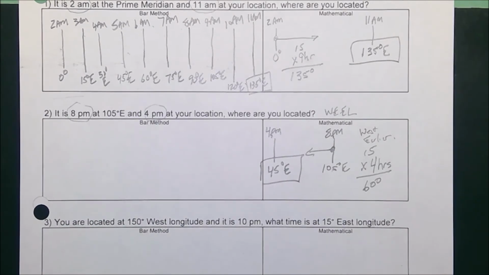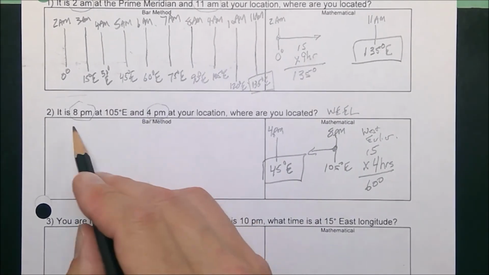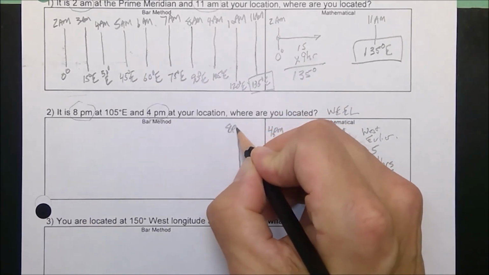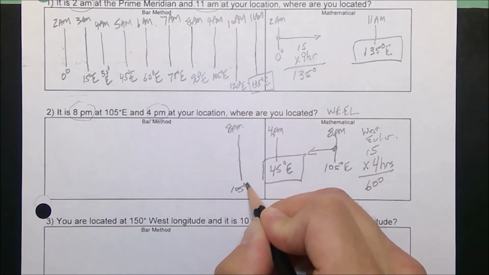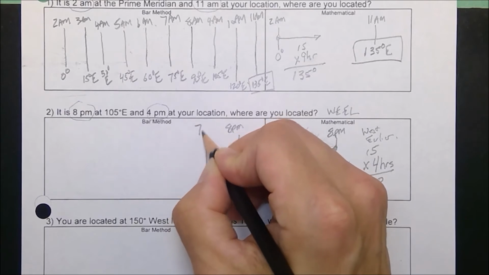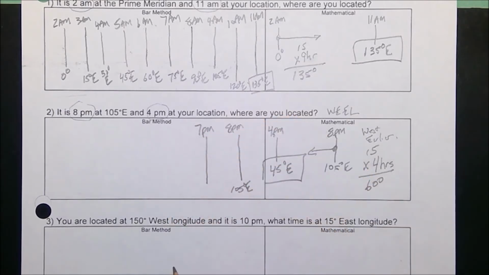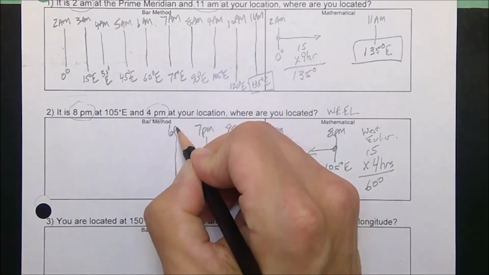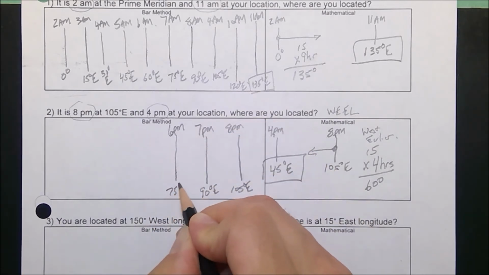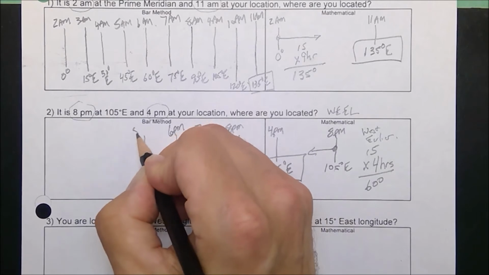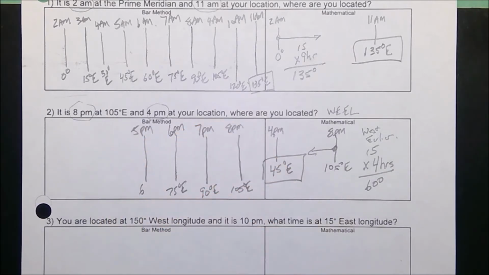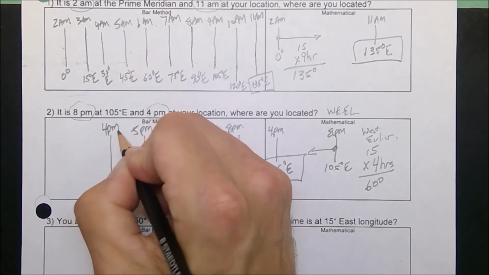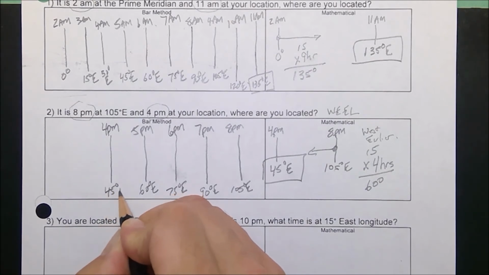Now, I could use the bar method. Since I know both of these, and I know I have to go back in time, I'm going to start here and say that 8 p.m. would be 105 degrees east. 7 p.m., I'm moving west, so I subtract the 15 and go to 90 degrees east. 6 p.m., I go back another 15 and get 75 degrees east. 5 p.m. brings me to 60 degrees east, and then 4 p.m. would bring me to 45 degrees east.